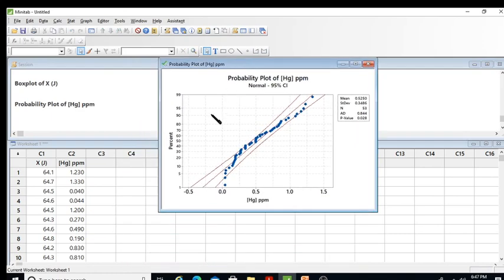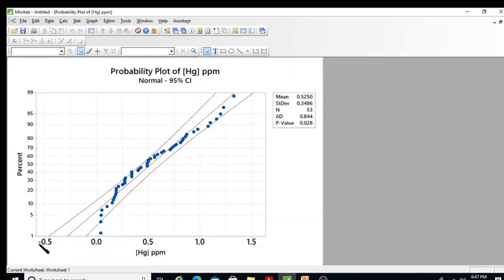I call it a probability plot, and you can identify it because the percentile is given here. On this horizontal axis you have the concentration. The average concentration is 0.525 parts per million, and the standard deviation is 0.3486. This is from the 53 samples that have been investigated. You can see this middle line: if all the data points are lying on the middle line, then it can be considered a normal distribution.